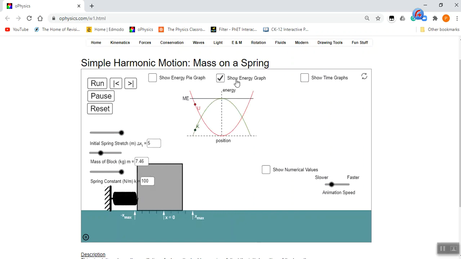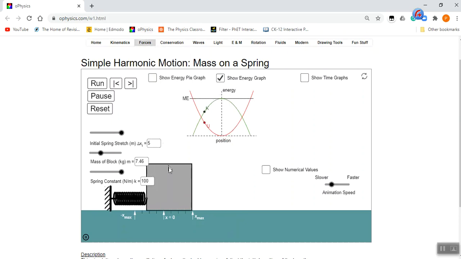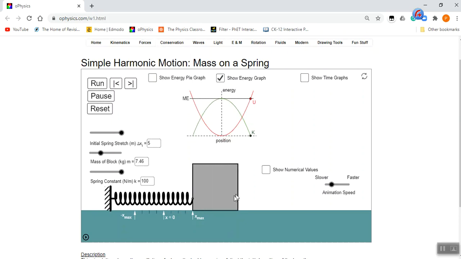So if we had to draw a graph of this, we can see that at our maximum point over here, because it stops, we have zero kinetic energy, but we've got maximum potential energy.